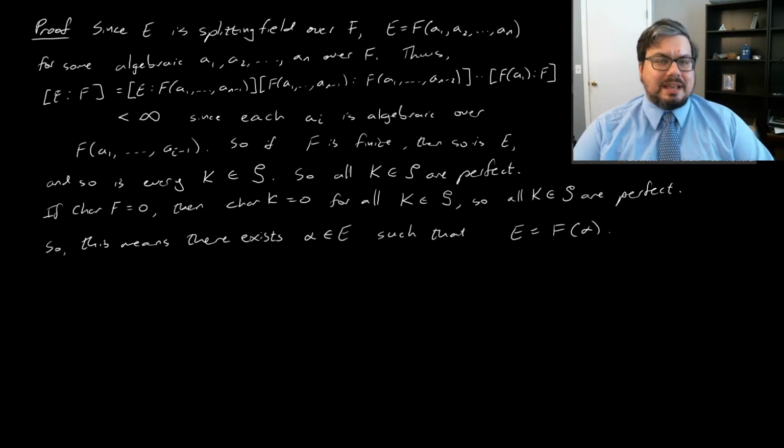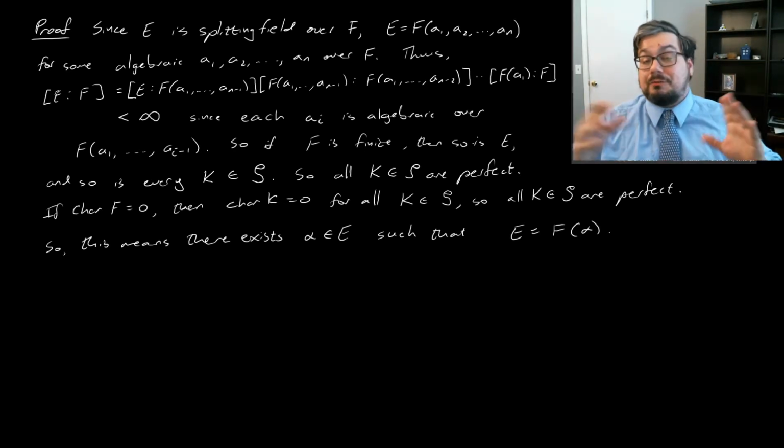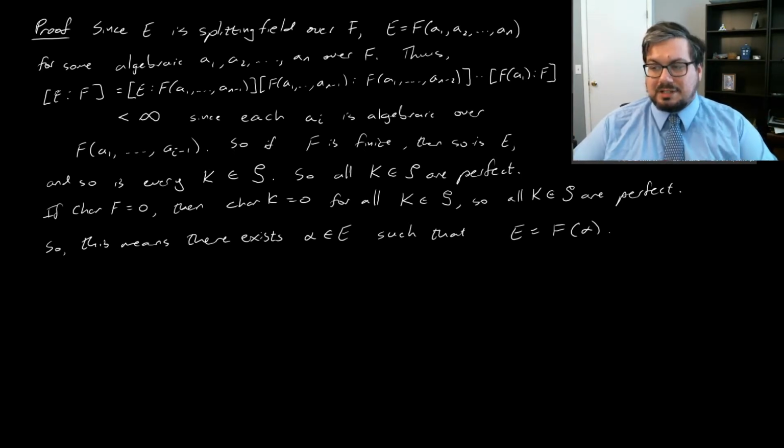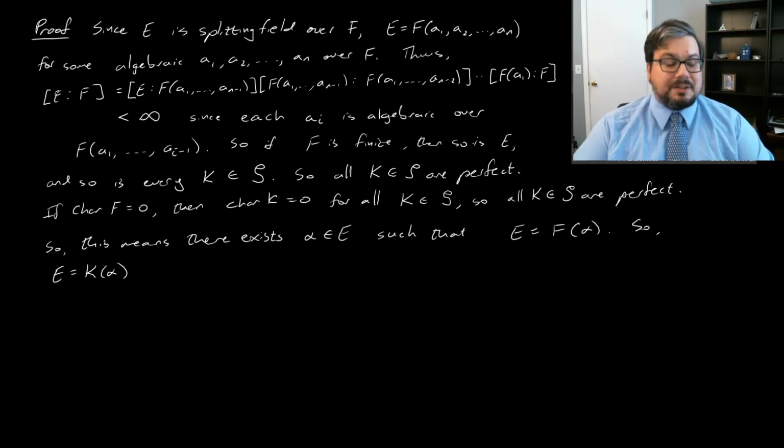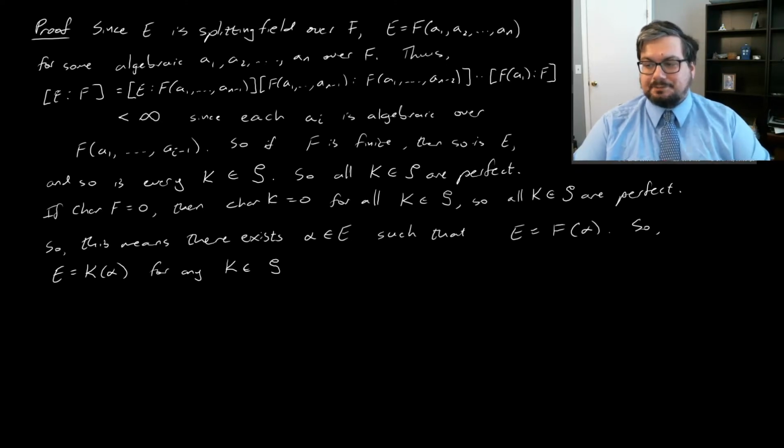We proved it in the case that all our fields are characteristic 0, but in fact all we needed is that all the fields in play were perfect, which is the case here. In particular, this means that E is also the smallest field containing K and alpha for any K in the set S.